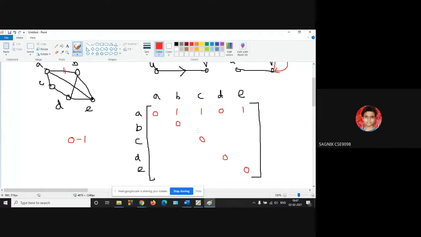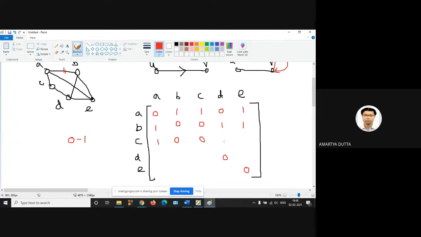So B to A, as this is undirected, is 1. B to C: 0. And B to D: 1. And B to E is 1. C to A: 1. C to B: 0. Right?